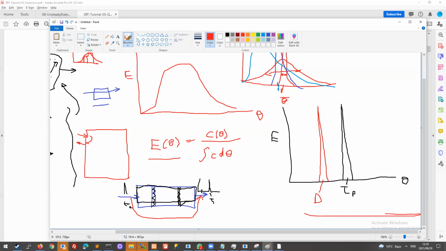Okay, so let's think about that. First off, if you put your pulse in here, that pulse is going to split. Part of that pulse is going to enter the reactor, and another part is going to go down here. And when we draw a bypass, we typically mean that it's a very fast flow.